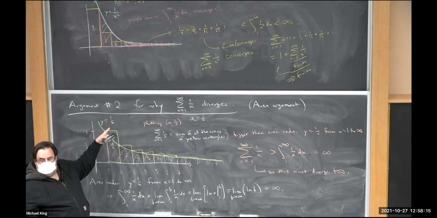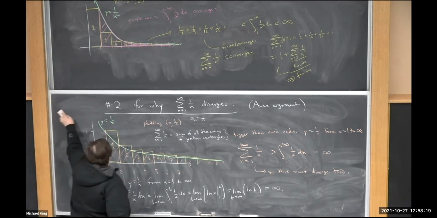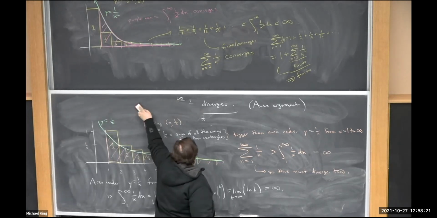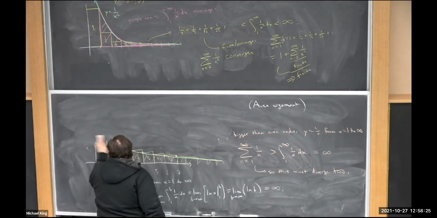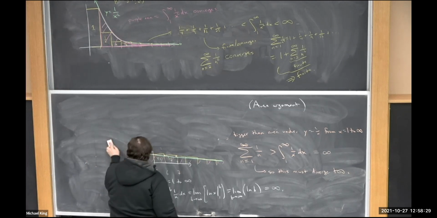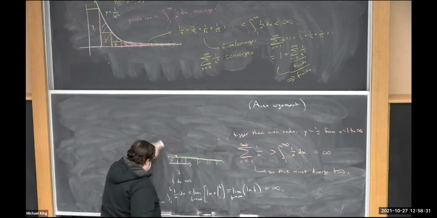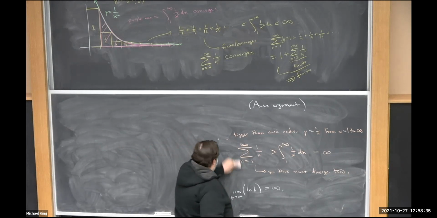And that's a divergent improper integral. So this area would be bigger. Let me just write that down. I'm just trying to give you an argument why we have a p-test that's exactly the same as the p-test for improper integrals. It's nice to have this.